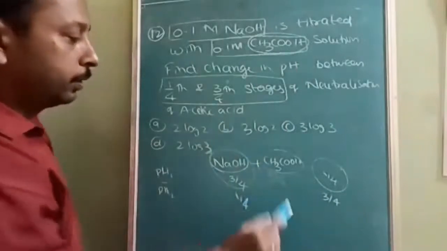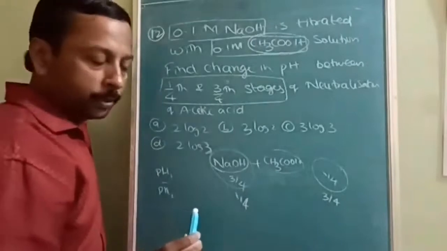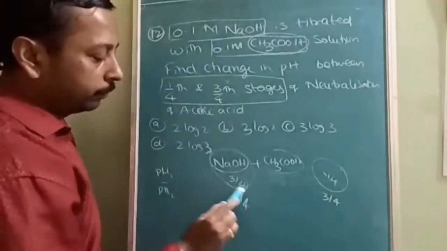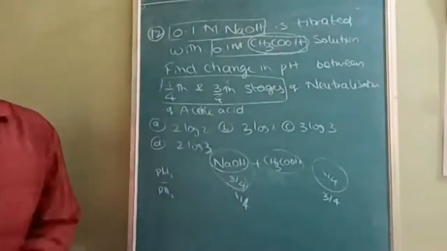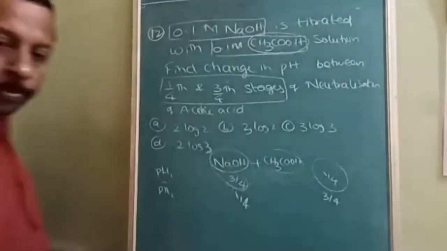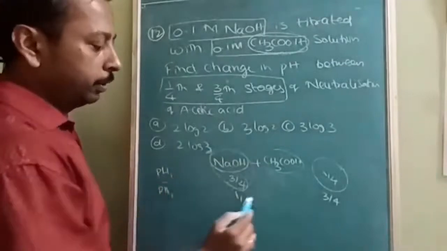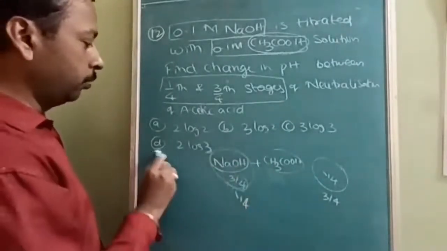So on simplification, one will be log 3 of this part, and another will be log 3 of the other part. So you will get 2 log 3.